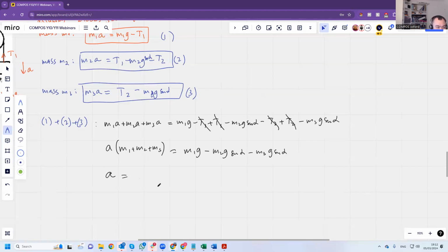So acceleration is (m1 minus (m2 plus m3) sine alpha) g, I'm just rearranging it slightly, divided by m1 plus m2 plus m3.